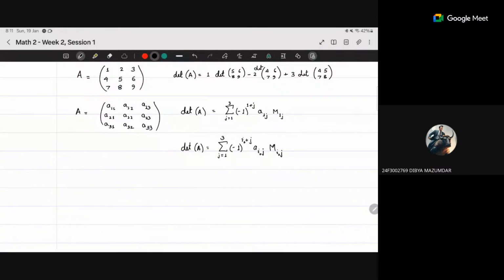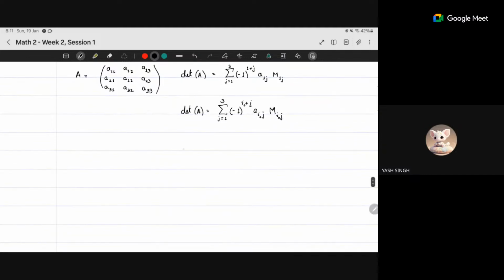You have three terms over here, right? You are going to multiply A i naught 1 with M i naught 1 with the corresponding sign, and you do this for all j. So you can fix any i naught, and this will be the determinant.